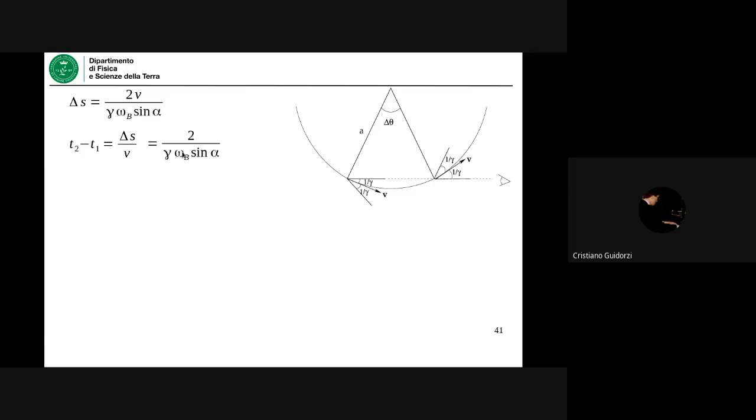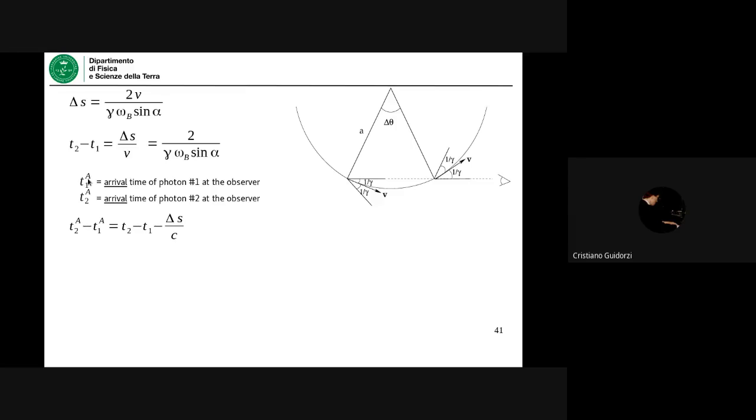So if you replace this here, you end up with this value. Now, let's call the corresponding arrival times, the times at which they arrive at the observer, and to distinguish them from the corresponding emission quantities, I put a capital A as a superscript. A, of course, stands for arrival.